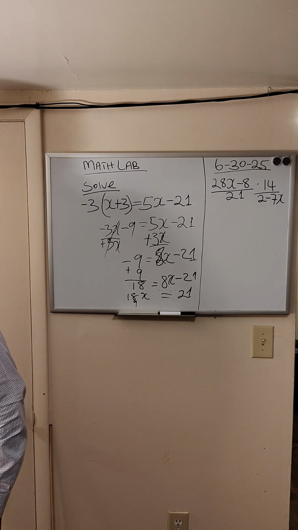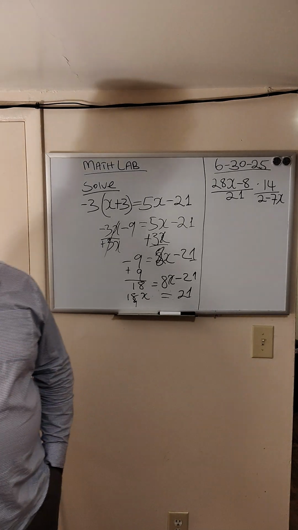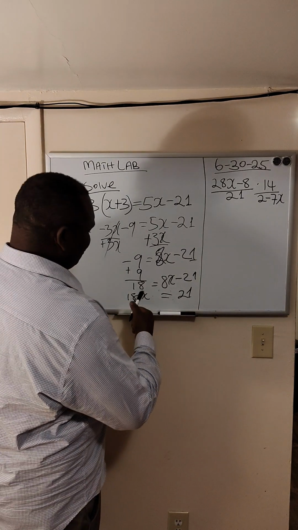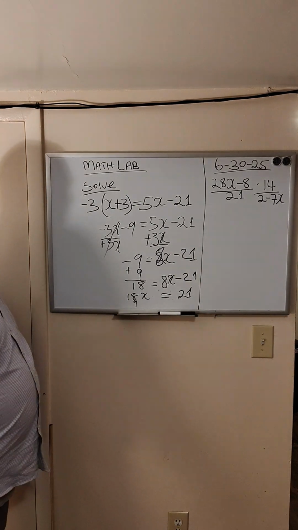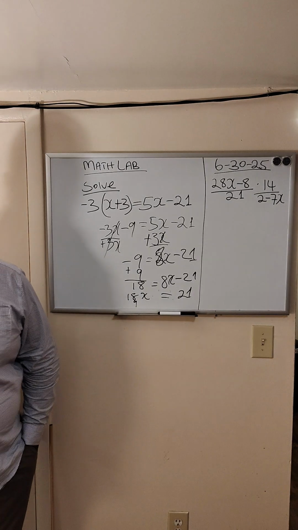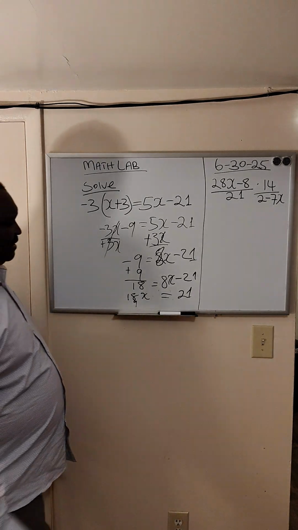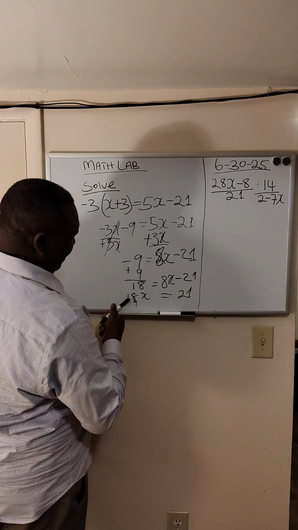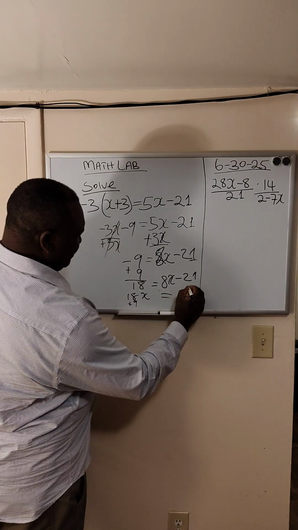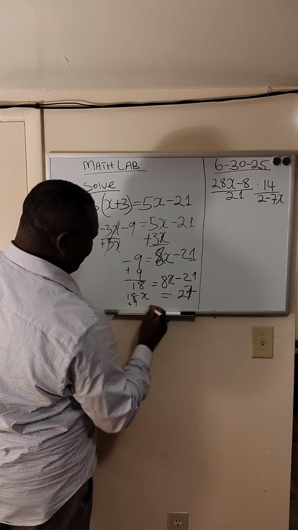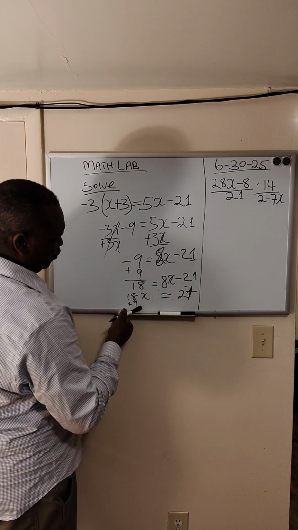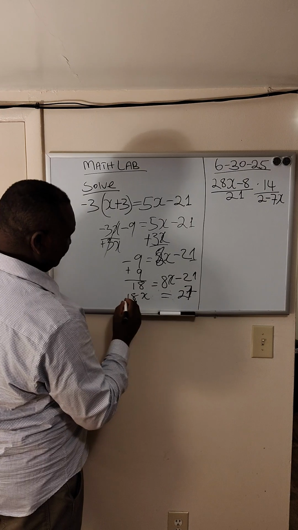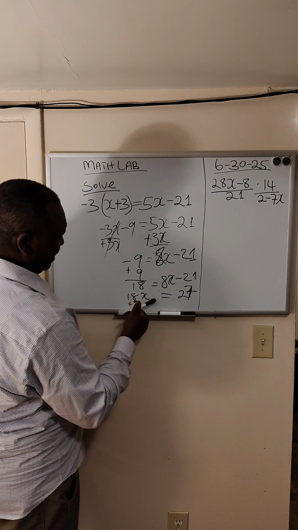18x plus 9 gives us 27, but we still have this 8 here.